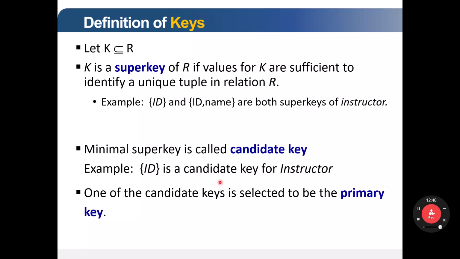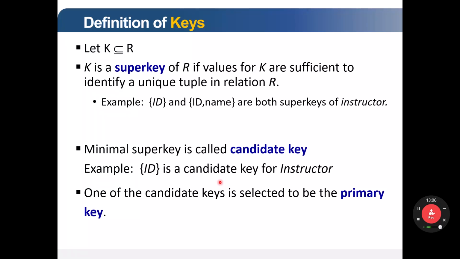So if you remember the previous instructor table instance, names can also be used as a key because there are no duplicate names in the table, right? So suppose we have ID as a candidate key and name as another candidate key. Then as a developer, you must choose one of those two candidate keys.